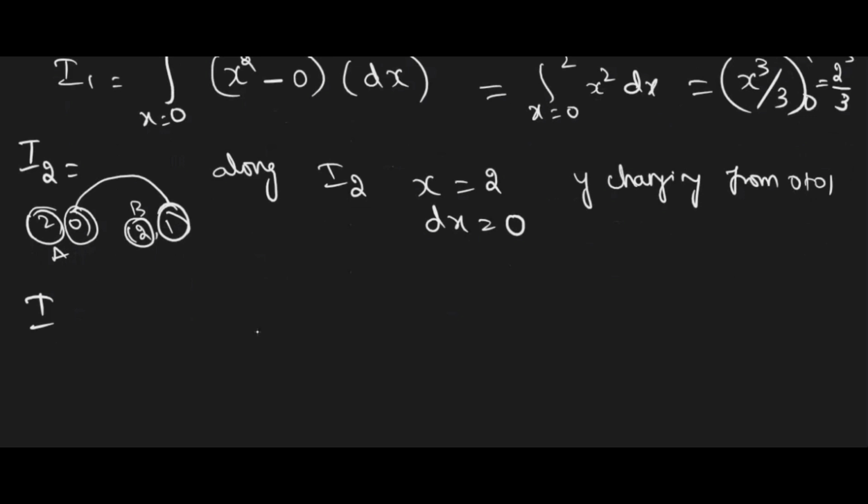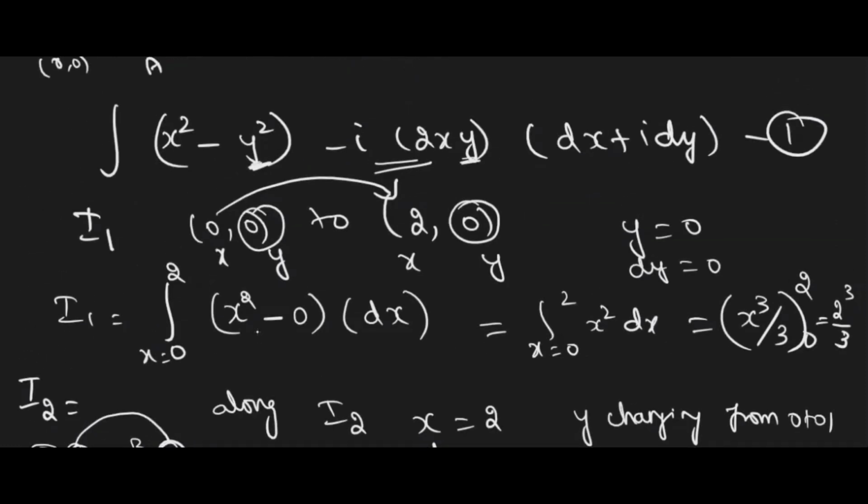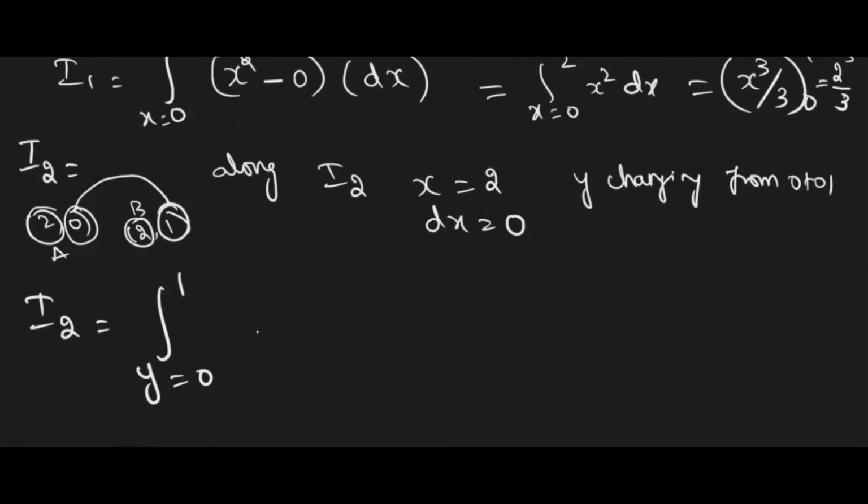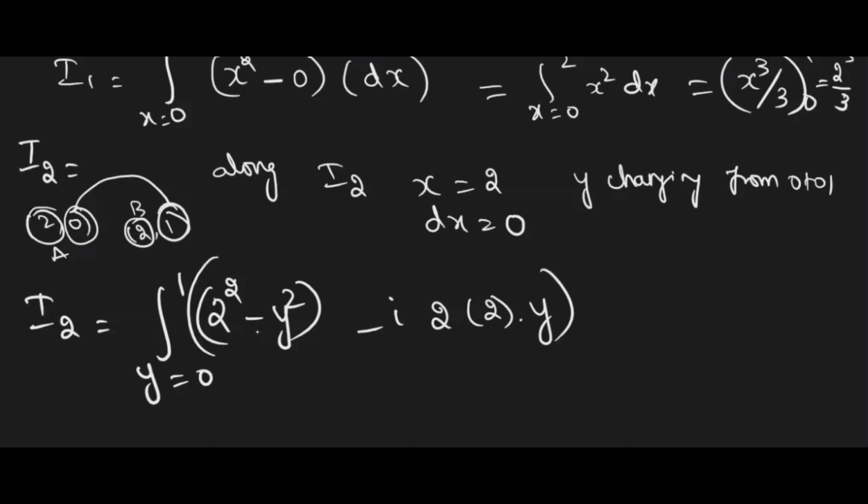Now shall we write I2 is equal to the integral with y changing from 0 to 1. In the same equation 1, wherever x is there I am going to substitute 2. 2 square minus y square, because x square minus y square was there, and then minus i into 2xy, with x as 2, so minus 2i xy. And then dx is 0 plus i dy. Don't write only dy, i is there.